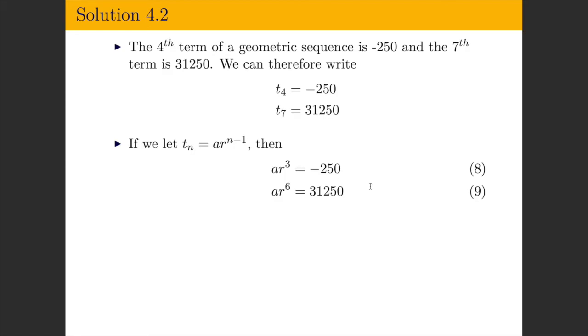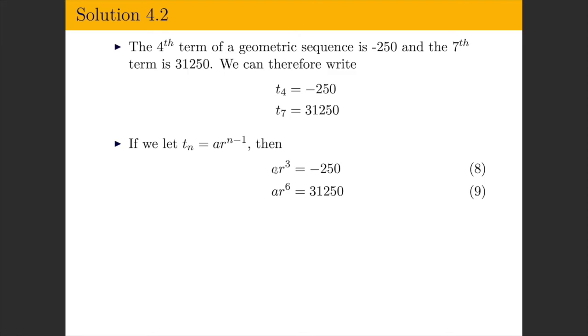One way we might solve these two equations, you notice that there's a factor of A in both. When we remember how to do simultaneous equations, there are two ways to approach this: either the elimination method or the substitution method.